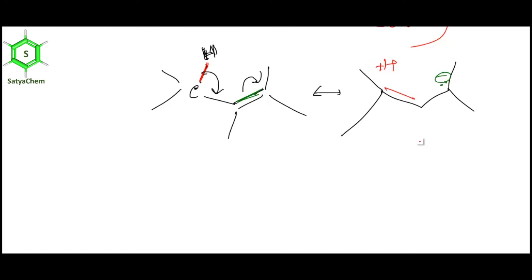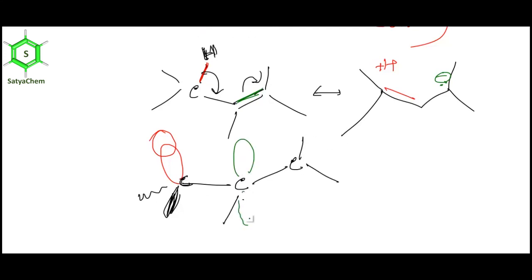Now it will be clear from the orbital picture. Now I am going to show you the orbital picture. These two sigma electrons in these CH bonds, this is hydrogen.